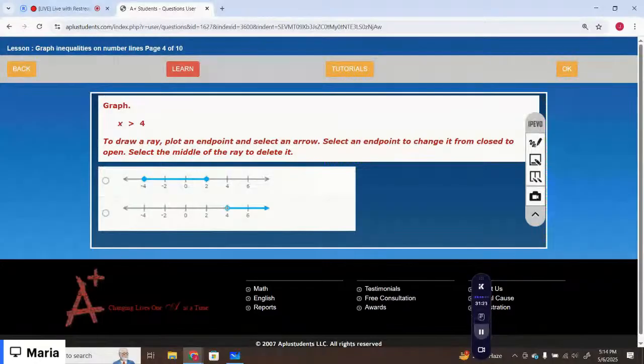Next, X is greater than 4. So which is the correct option? Option number two is the correct option.